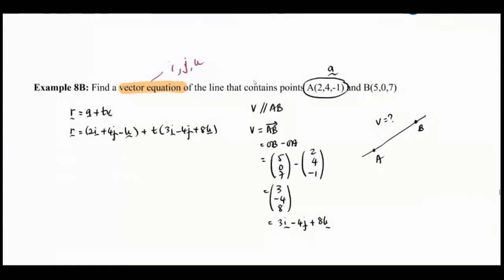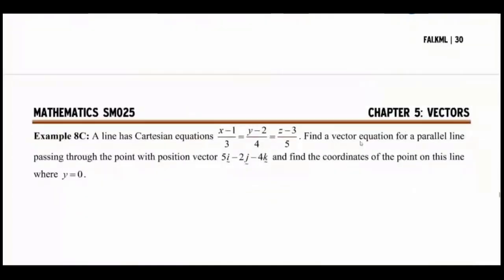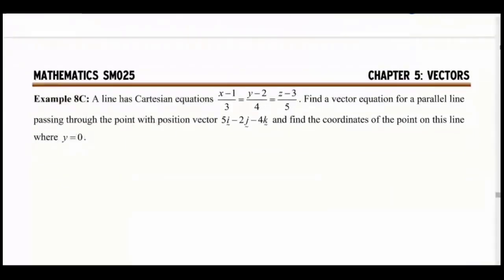Okay, so that one, 8B, is done. Next one is example 8C. What does it give? 8C gives a line, and then you need to find a new line. So we already have one line, and we let this one be L1.